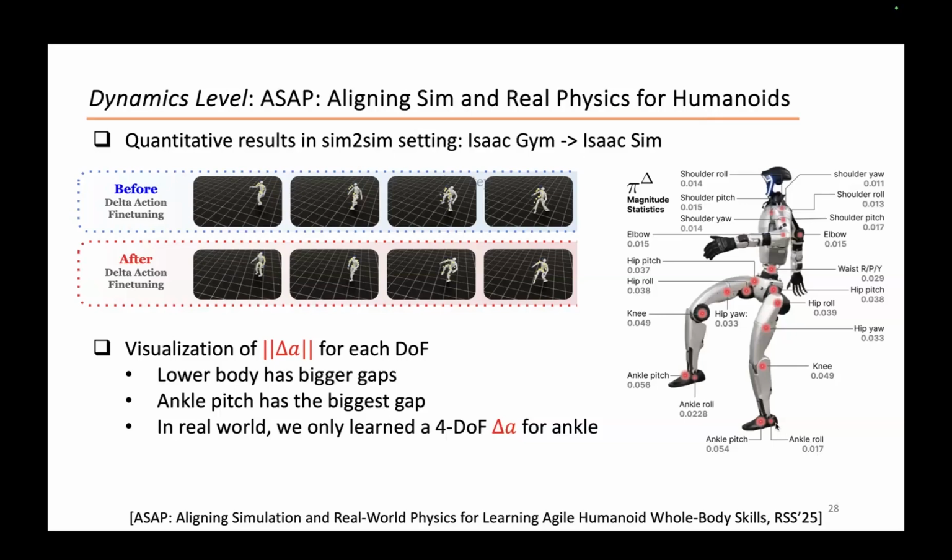You can think of delta A as learning some inverse dynamics or whatever, and this is definitely shared. No matter what task you're doing, you always suffer from this. Another example is that the real world motor may be weaker than the simulator, and delta A also learns some motor dynamics. This part is definitely shared across different tasks. That is why we decided to train a single delta A across different tasks.